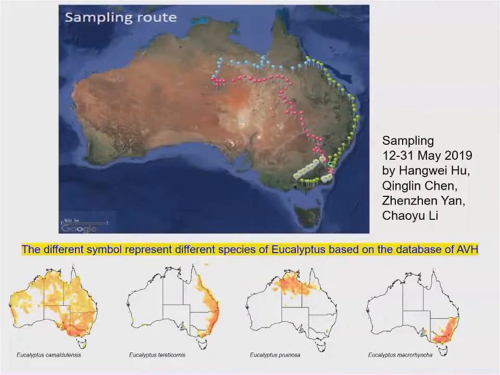So last month, we also did a major sampling campaign, particularly in east to central Australia. Hanwei led the team and drove about 10,000 kilometers to collect soil, grass, and tree leaf samples.